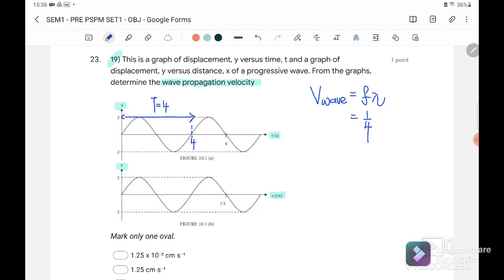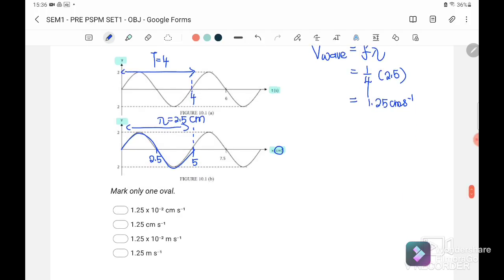From the second graph, for one complete oscillation, the wavelength is 7.5 minus 5, so it is 2.5, and here we have cm. The answer is still in cm, so we substitute 2.5 and the answer is equal to 1.25 cm per second. So the answer here is B.